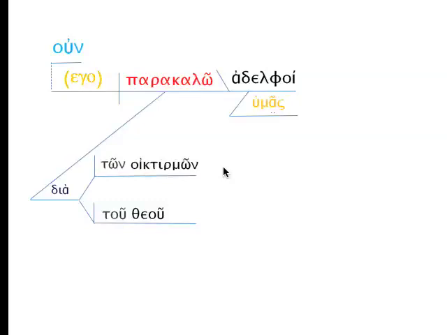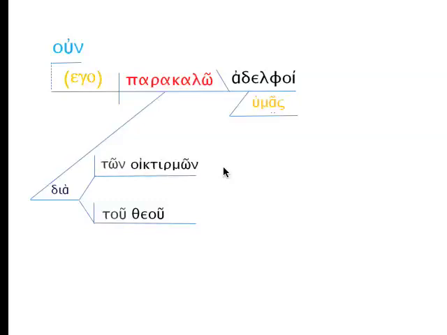Both of them have articles, meaning one is modifying the other. So it's usually translated by the mercies of God. Oiktirmon is mercies, theou is God. So here Paul is saying that he is urging them through the mercies of God.